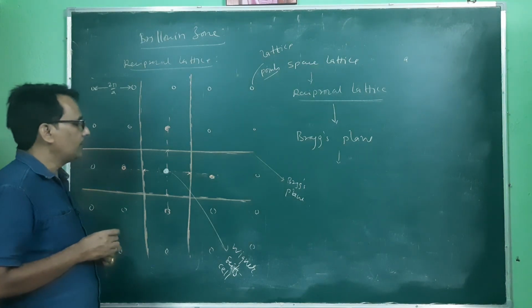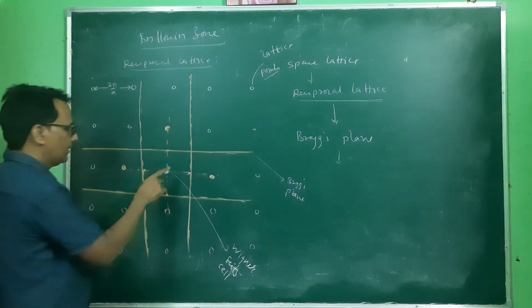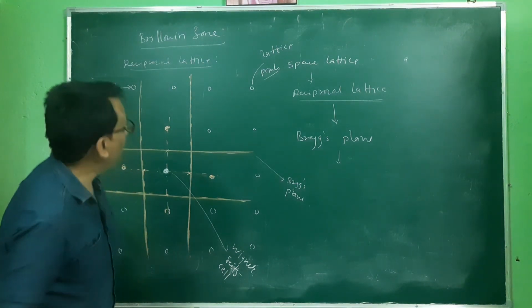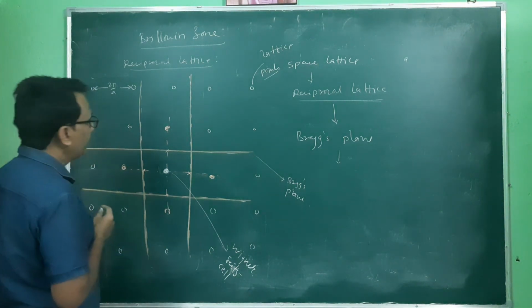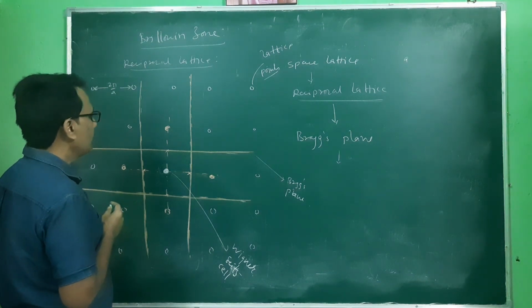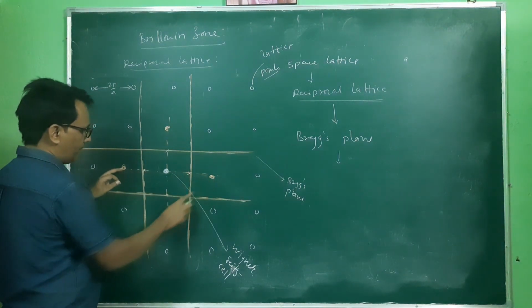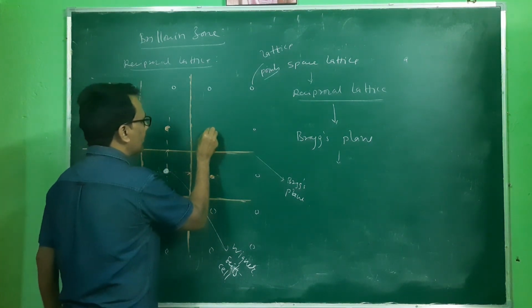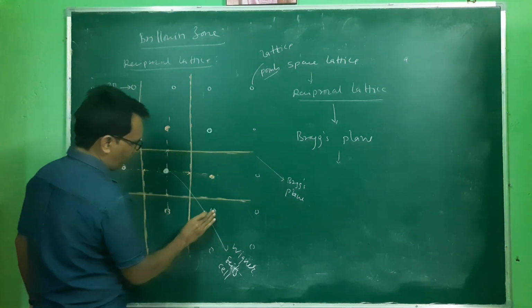So now the second Bragg's plane. This is the first group of Bragg's planes. Now we have to choose the second neighboring atoms. The first nearest atoms are here, and the second nearest atoms will be these 4 atoms.